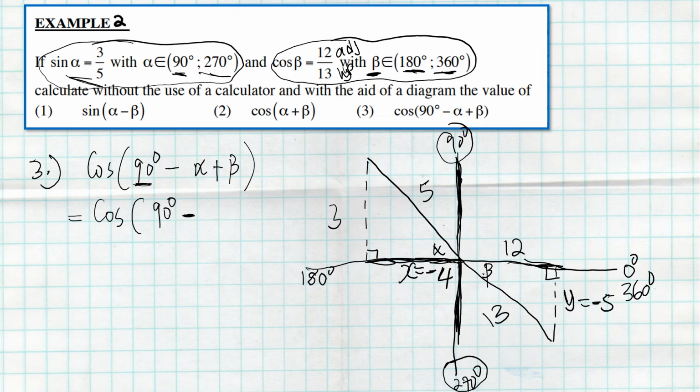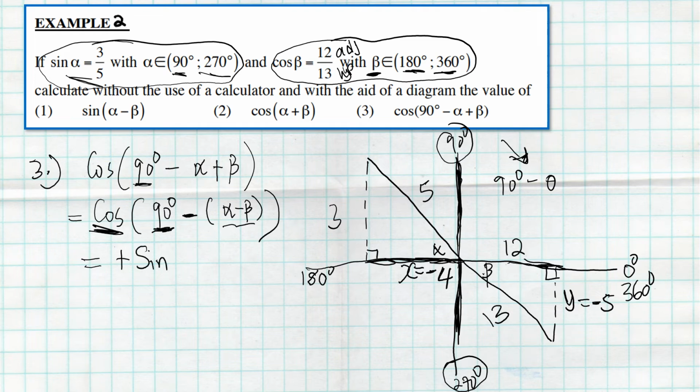So it's 90 degrees minus the angle alpha minus beta. I'm writing it so that you can see this is 1 angle. 90 degrees minus an angle is found in the first quadrant where all are positive, so our answer needs to be positive. So 90 degrees is going to change cos into sine, to be sine of alpha minus beta.